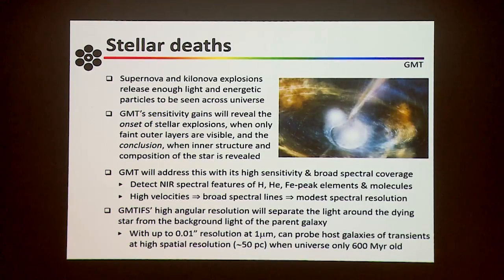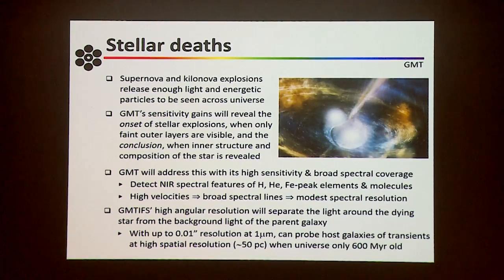Another area that we can look at are all the things to do with stellar deaths, supernovae and kilonovae. Now these explosions you can see right across the universe, and the advantage with GMT sensitivity is not being able to see the explosions, because we can see them now with much smaller telescopes, but that we can see the conditions before the main release of energy and after the main release of energy.